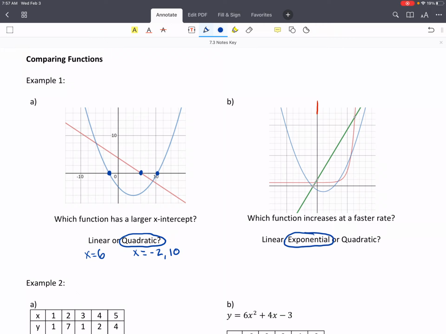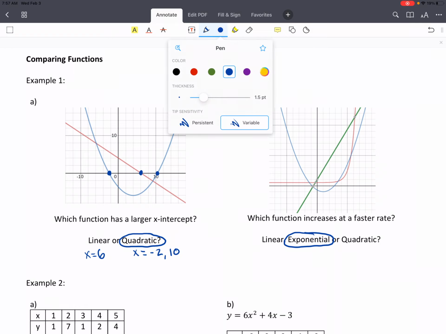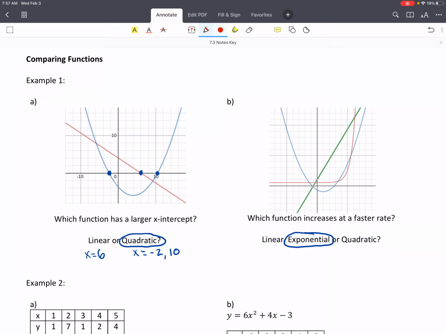Which function increases at a faster rate? Exponential always increases at a faster rate than any other kind of equation. And something I want to make note of is the steeper the slope, the faster the rate of change.